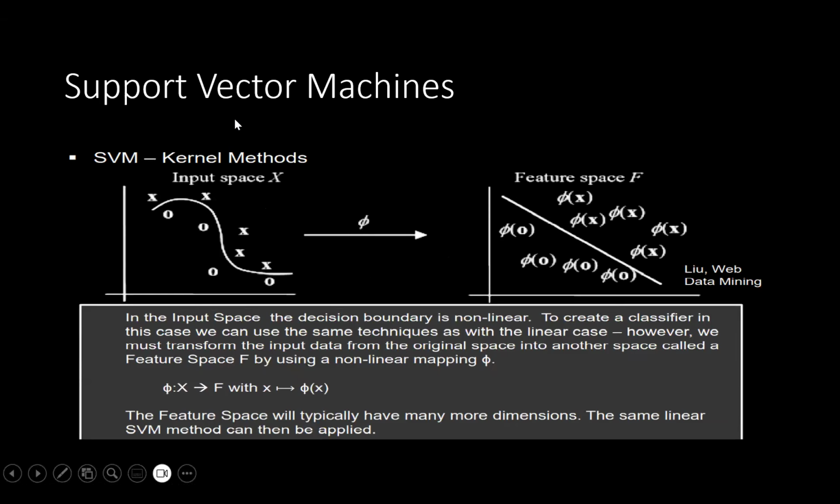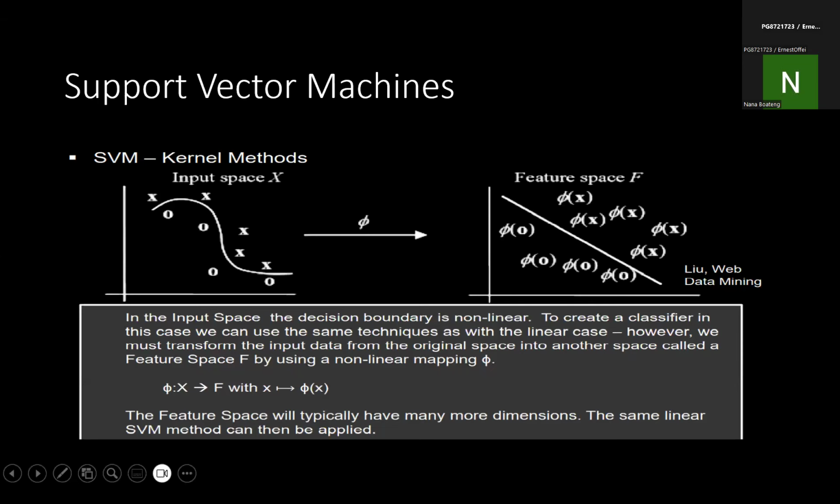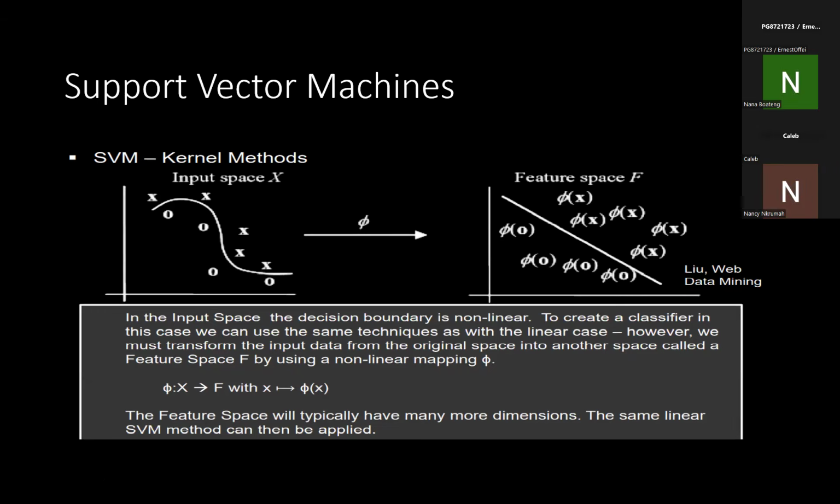Within the SVM, it has what we call kernels. Kernels are like the functions that support vector machines use to separate or classify the data points.